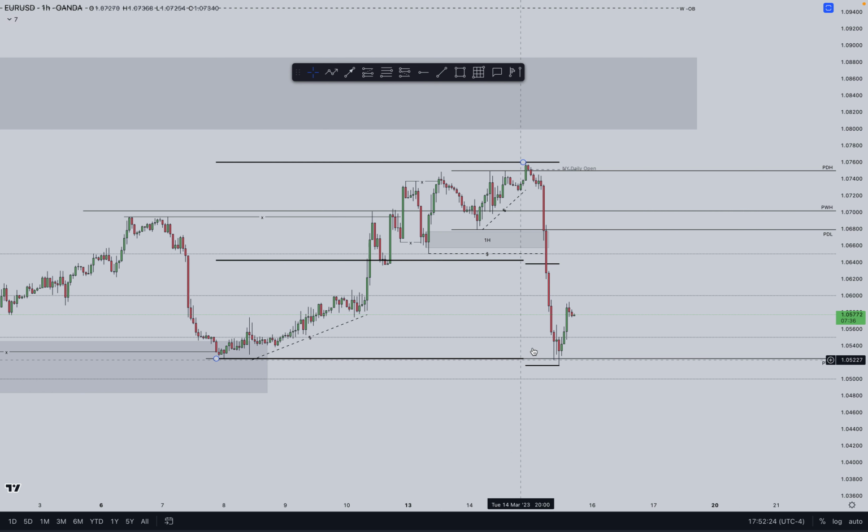We want to see structure, and we want to confirm that this is going to hold after sweeping the sell side liquidity, and we can go long somewhere up until the premium of this 1 hour leg, possibly beyond until this point, right? And we can be prepared for if that doesn't happen and prices were to go lower.